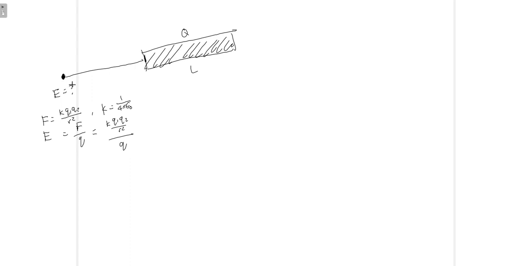Now we're just assuming this is some test charge, so one of these is the test charge, and these will cancel out. So the electric field is equal to kq, whatever charge is exerting the electric field, over r squared.